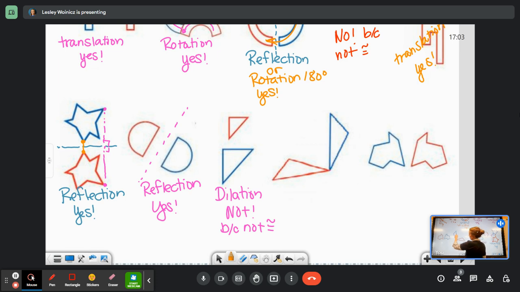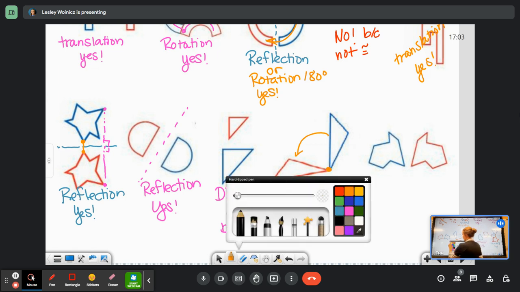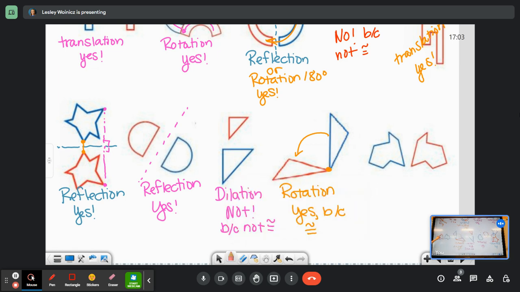Okay, here we have a rotation about a point. Okay, and this is an isometry because they are congruent figures. All right, last but not least, these kind of look like crazy little bunny rabbit heads.